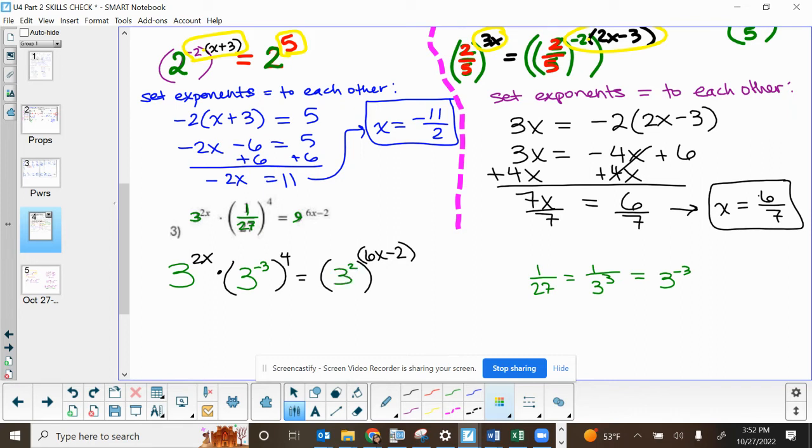Okay, now I can't quite just set exponents equal to each other yet, because to set exponents equal to each other, I need to have a base. So I'm going to erase this just as a note over here.